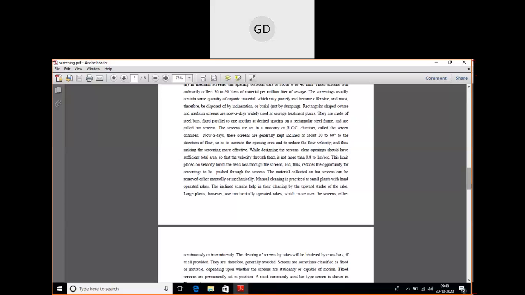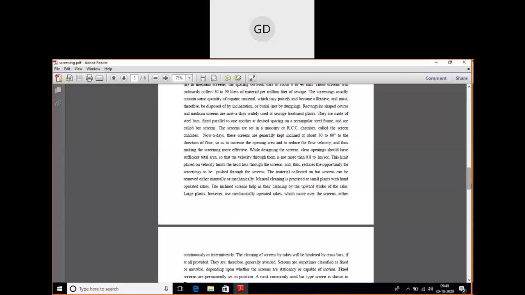Number three is your fine screens. The fine screens have perforations of about 1.5 millimeter to 3 millimeter in size. The installation of these screens proves very effective, and they may also remove 20% of the suspended solids from sewage.